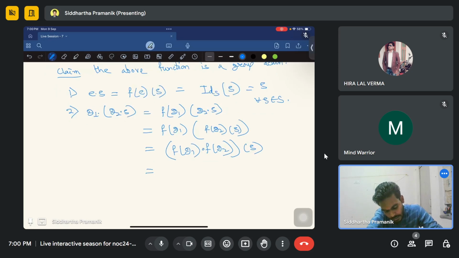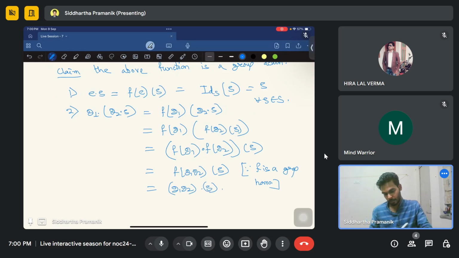But this is the same as f of g1 times g2, because f is a group homomorphism. So this is the same as g1 g2 dot s. So we have a group action.